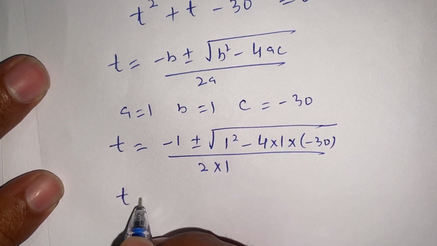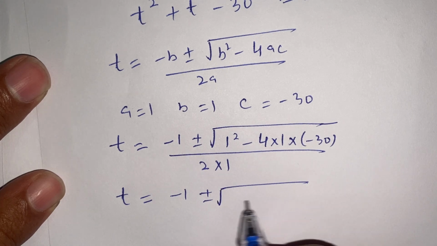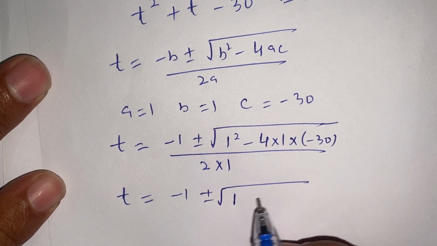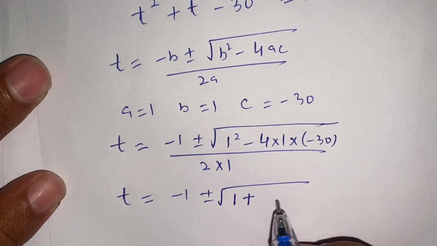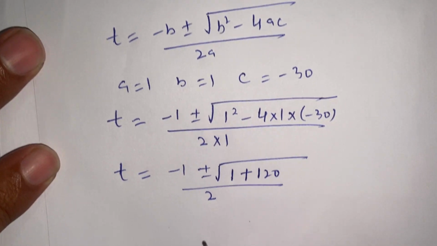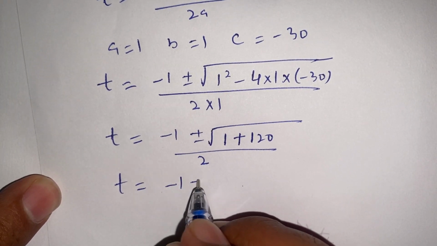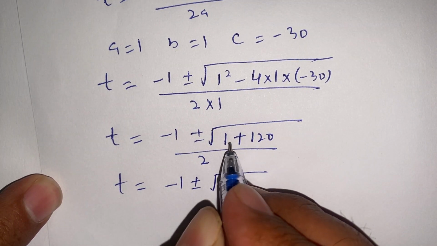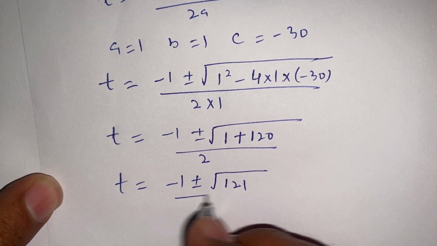Which implies t is equal to minus 1 plus minus square root of 1, minus times minus becomes plus, 4 times 1 is 4, and 4 times 30 becomes 120, divided by 2. Now t is equal to minus 1 plus minus square root of 1 plus 120. We have 121 divided by 2.